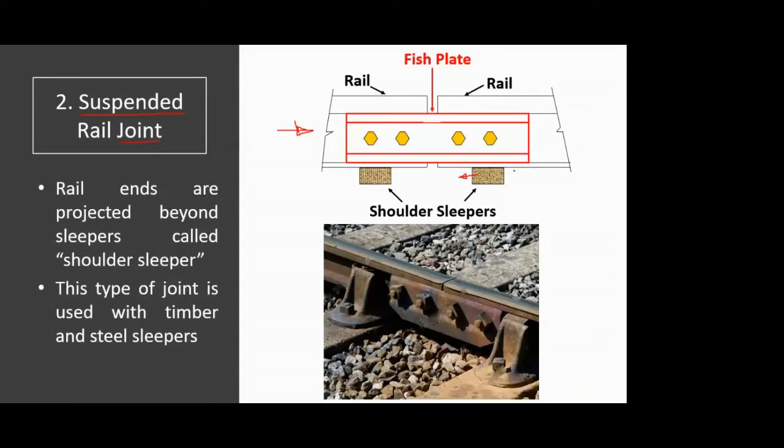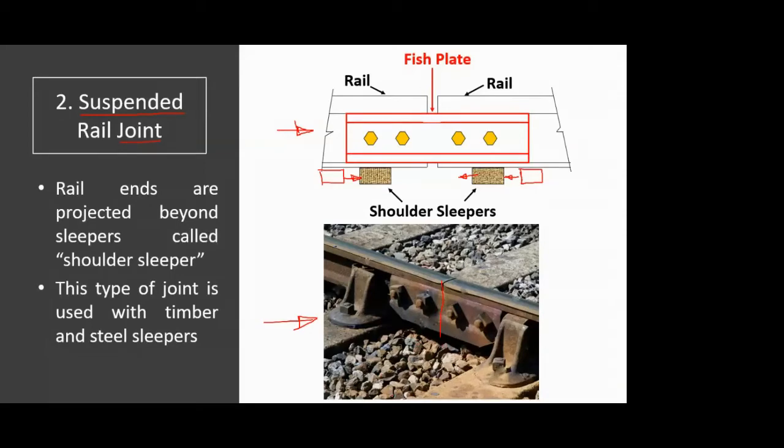Somewhere it was here in the supported rail joint, so they have shifted it to this side, and the central sleeper that was there, they have removed. This is the typical picture of a suspended rail joint. The joint is connected by a fish plate, but there is no support below this gap.